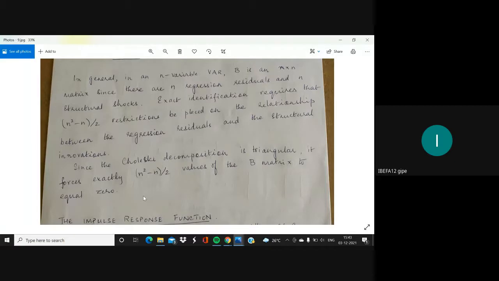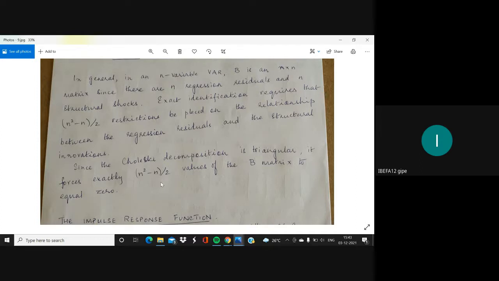So you will be imposing restrictions on the B matrix itself. That's why I had said you will be restricting the contemporaneous relationship there. Here you will be imposing exactly this many restrictions based on how many variables you have in your VAR model.